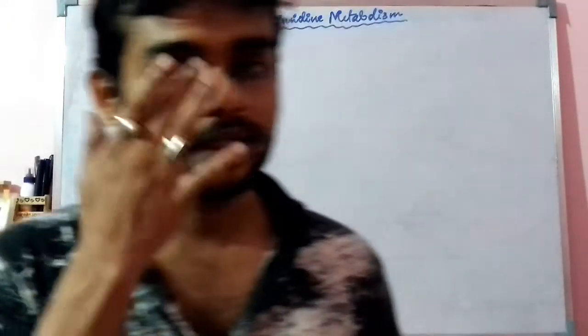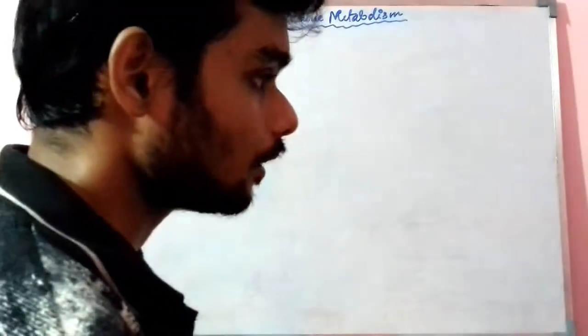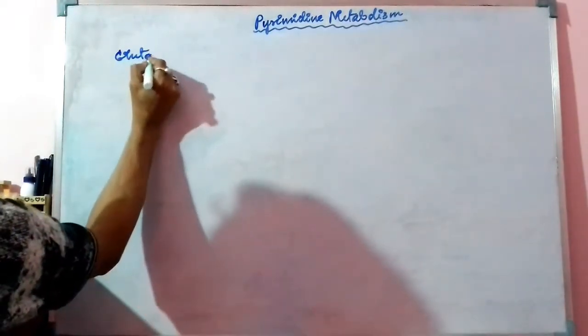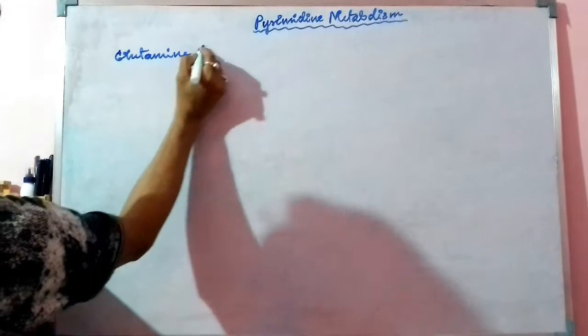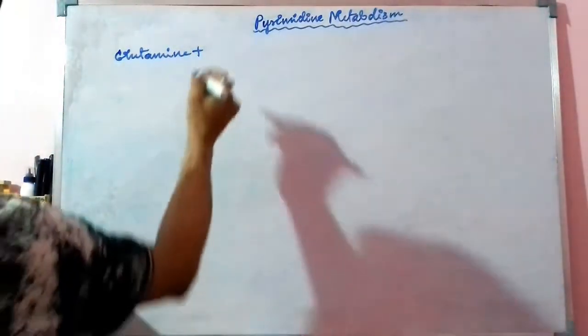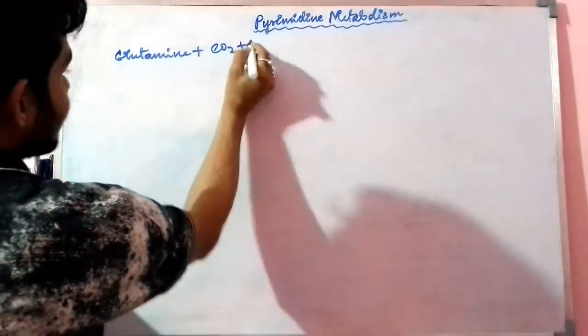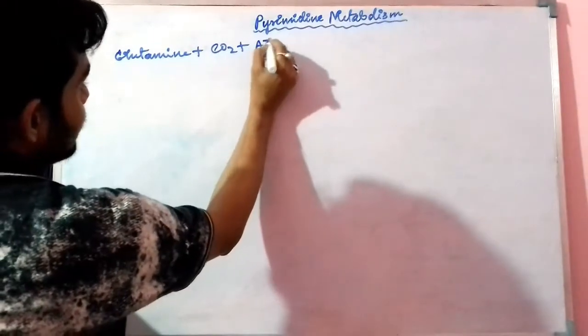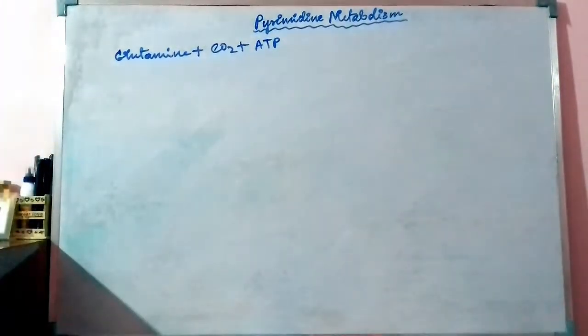Okay, so now in case of the pyrimidine metabolism, the important amino acid that takes part is glutamine. Glutamine is nothing but the amide of the acidic amino acid glutamic acid, as we all know. This glutamine, along with two other molecules, one is CO2 and another one is ATP, adenosine triphosphate, which provides energy for the conversion.